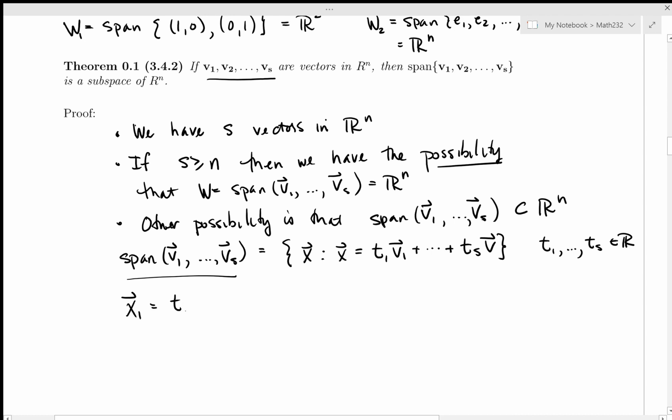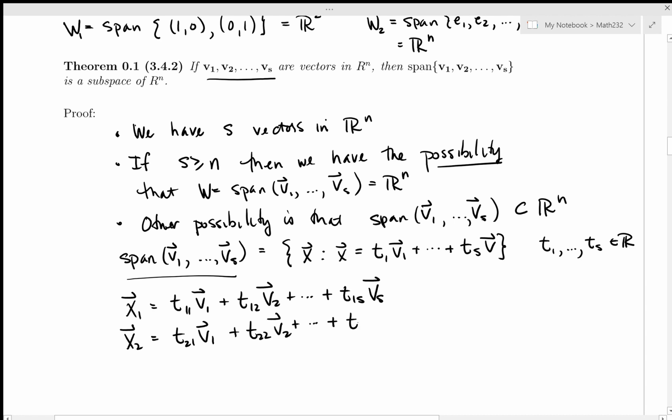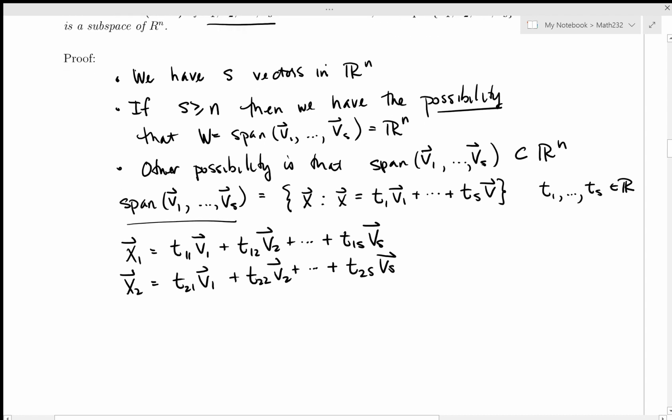I'm going to call it T11 V1 plus T12 V2 plus ... plus T1s Vs. And then I'm going to take another vector, x2, and that's going to be T21 V1 plus T22 V2 plus ... plus T2s Vs.